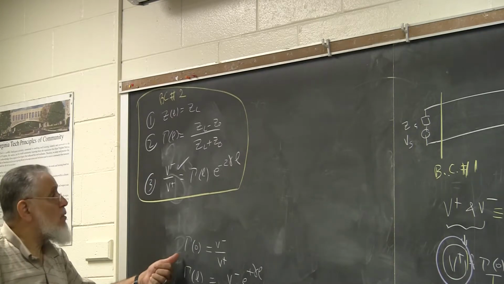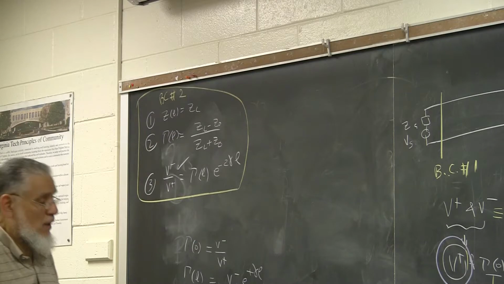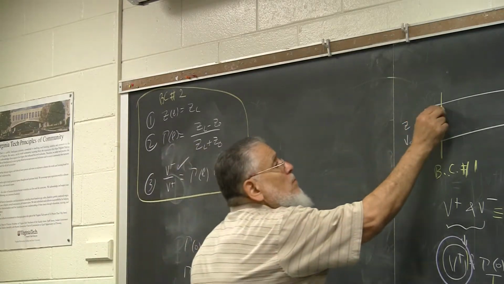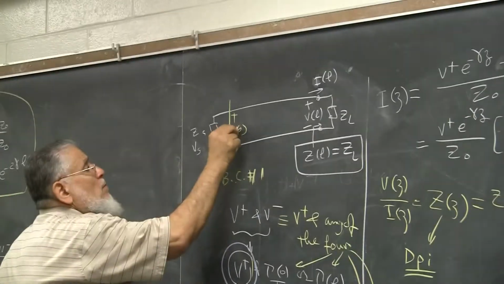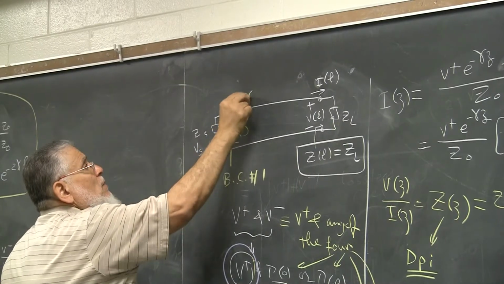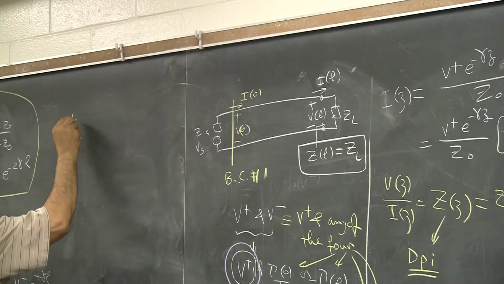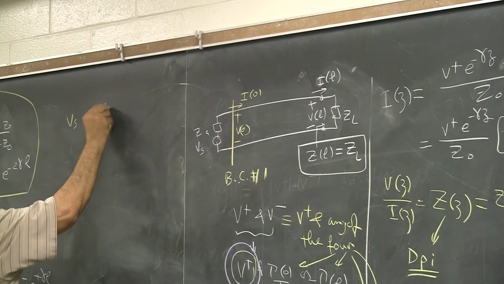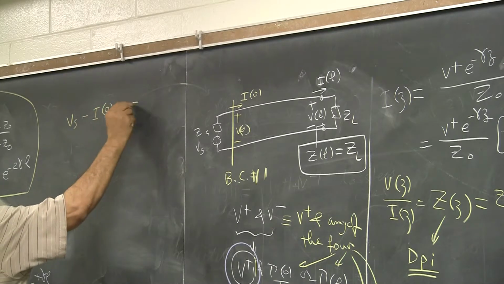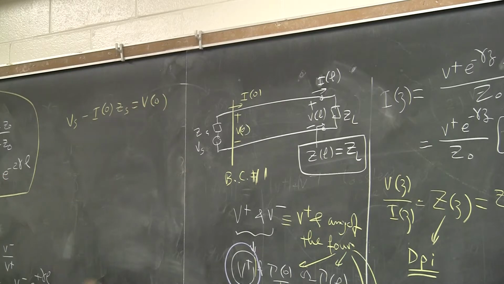V of 0 is right there. I of 0 is right there. And I can write an equation here, Vs minus I of 0 times Zs is equal to V of 0, right? That's your KVL around the input side of the line.